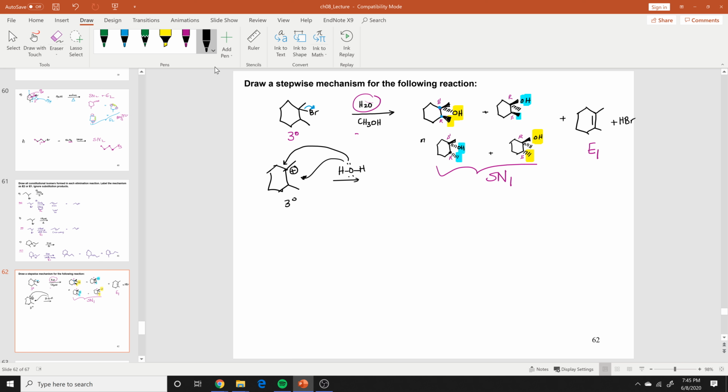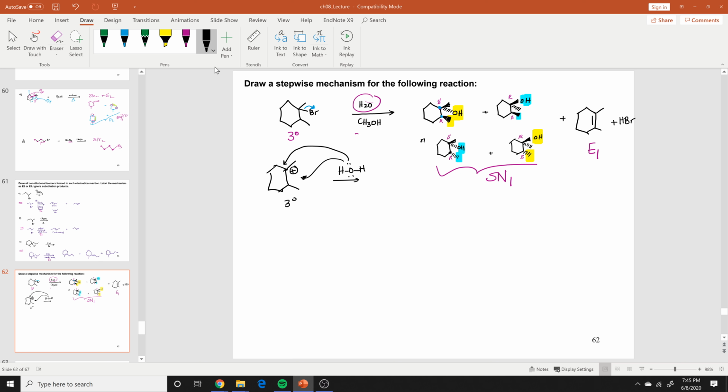And then since I'm using water, I have to use it again, to deprotonate, take the extra hydrogen out in order to be left with the OH at the end. Now, just remember one thing, that I didn't say anything about the stereochemistry of the CH3. So that CH3 in here can either be behind or it can be in front.